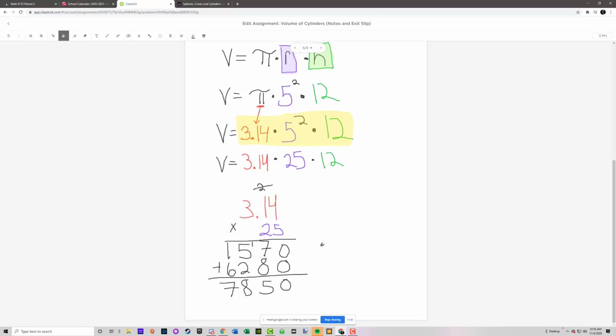How do I know where to put my decimal in the final answer? Okay, if we were adding and subtracting the decimals, yes, we would bring it straight down. But because we're multiplying, multiplication has its own special thing that happens.